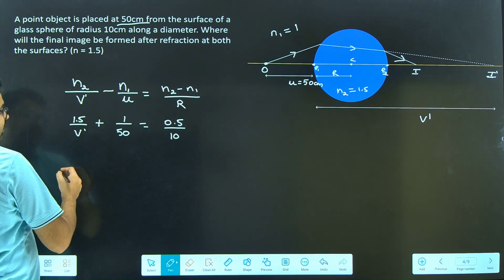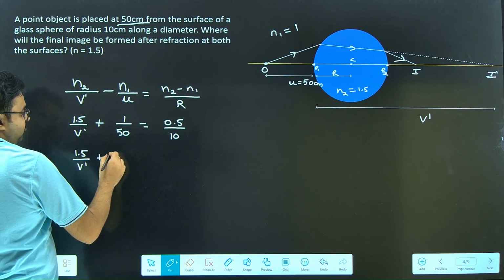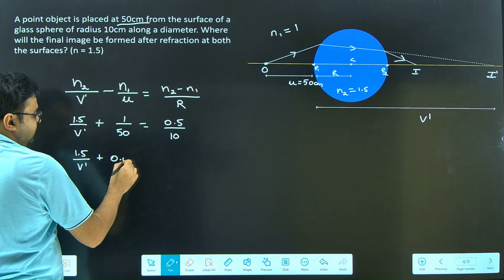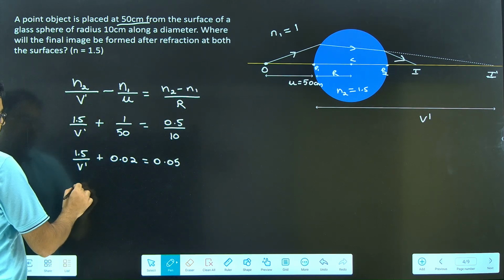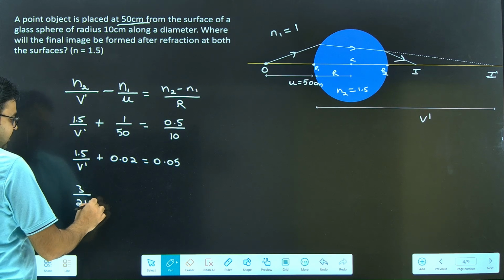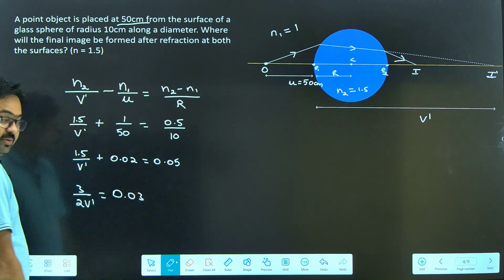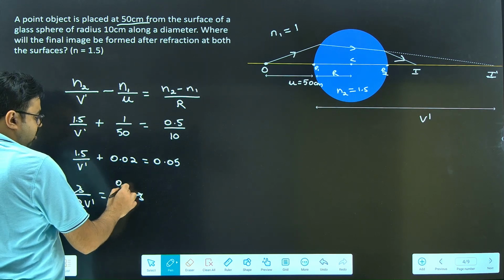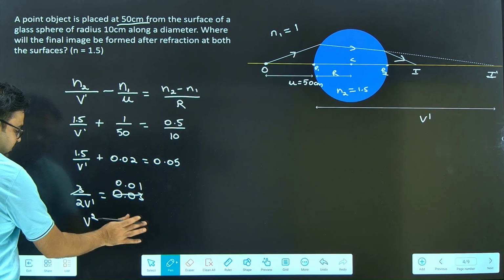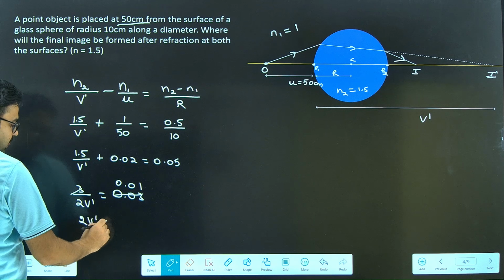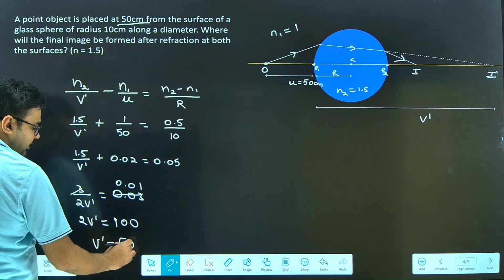I think we are all set to find V dash. We have 1.5 divided by V dash plus 1 by 50, which is 0.02, equal to 0.05, my dear friends. And 1.5 is 3 divided by 2, so 3 by 2 V dash equals, sending this across, 0.03. The 3s cancel, this becomes 0.01, and you take the reciprocal: 2 times V dash would become equal to 100, or V dash would become equal to 50 centimeter.